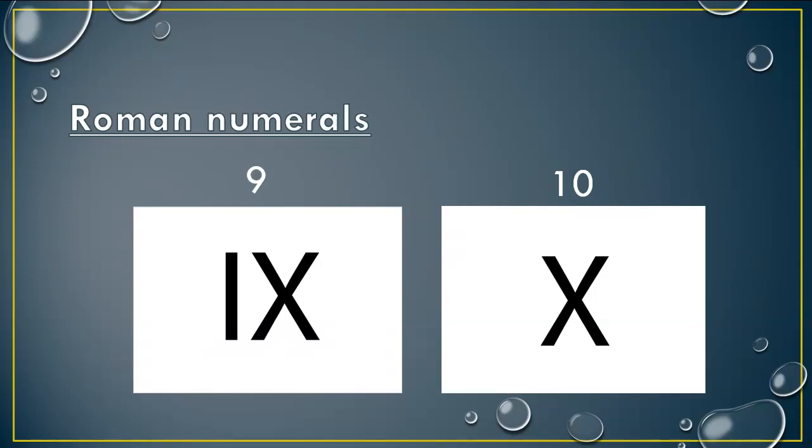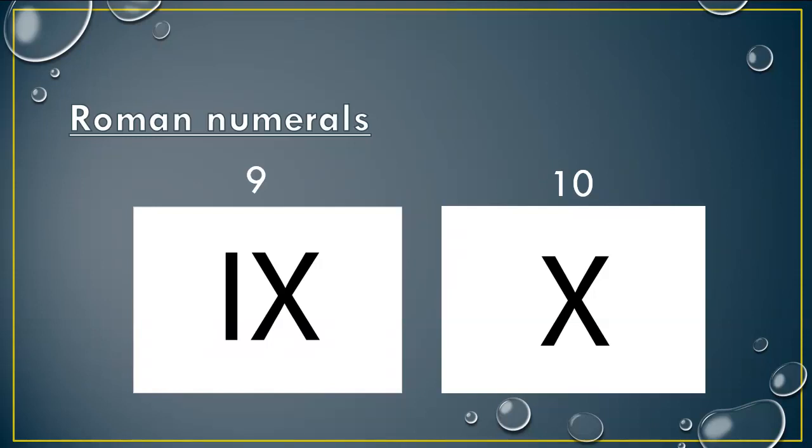But how does it solve our problem of 9? Well, just similar to 4, we write 1 less than 10. So 1 less than 10, what will be 9? 9 will be IX, with I to the left of X.